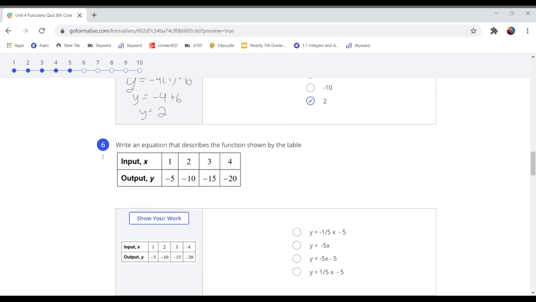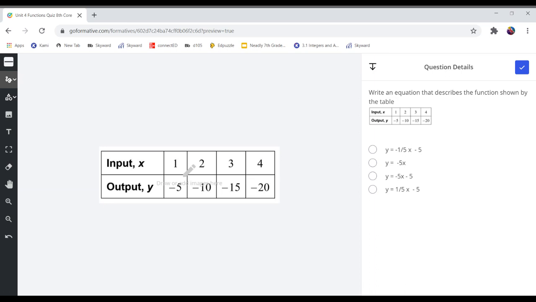Number 6, write an equation that describes the function shown by the table. So the input x values are 1, 2, 3, and 4. The output values are negative 5, negative 10, negative 15, negative 20. So I first need to identify my slope. I've got to find my change in x values.